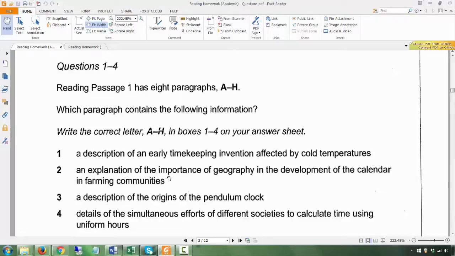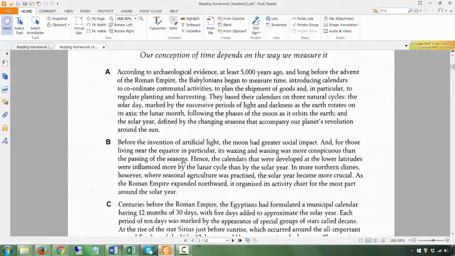There's a reason why they put in farming communities. There has to be something there somewhere, all right? Most likely you're not going to see the phrase farming communities there. So there are different ways of explaining that this is happening in farming communities. Paraphrases, synonyms. So let's go to 2. The answer is in B.